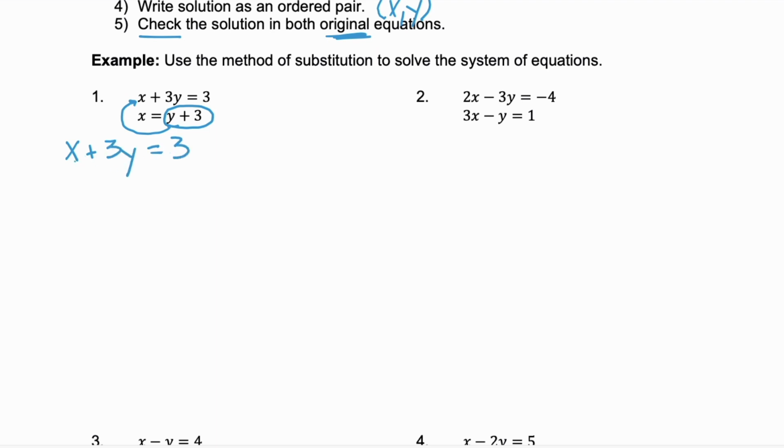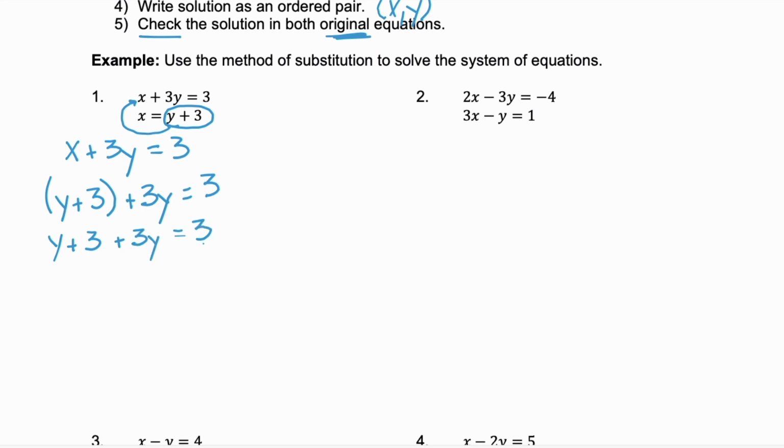And we substitute our second equation, x equals y plus 3, in for x. So we have (y plus 3) in place of the x, plus 3y equals 3. Removing those parentheses, we have y plus 3 plus 3y equals 3.